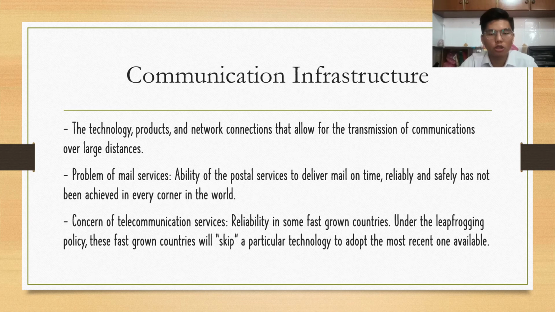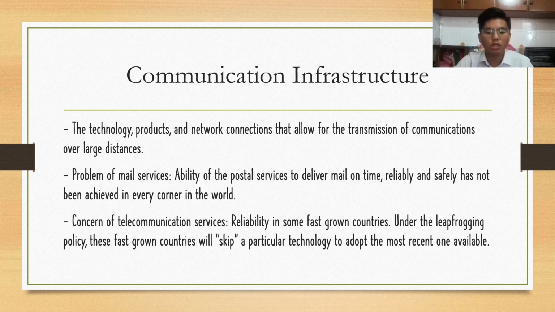Communications infrastructure is best understood as the technologies, products, and network connections that allow for the transmission of communications over large distances. In this section, I will quickly go through the mail services and the telecommunication services. The problem in the mail services is that the ability of postal services to deliver mail on time, reliably, and safely has not been achieved in every corner in the world.